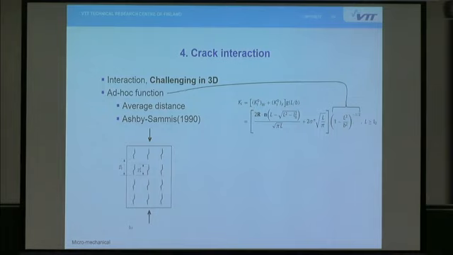So what I've done, I've just applied an ad hoc function, which is a function of average distance of cracks. It is very much a similar approach as Ashby and Sammis had.